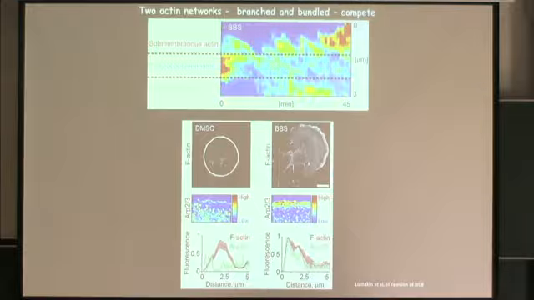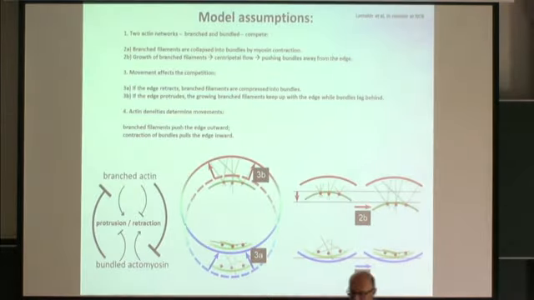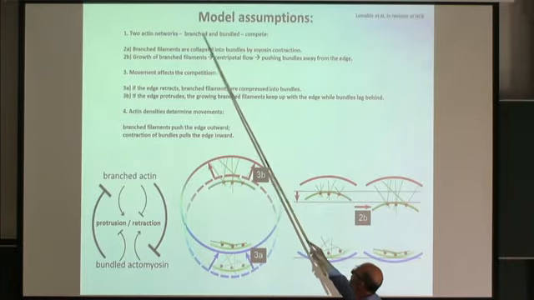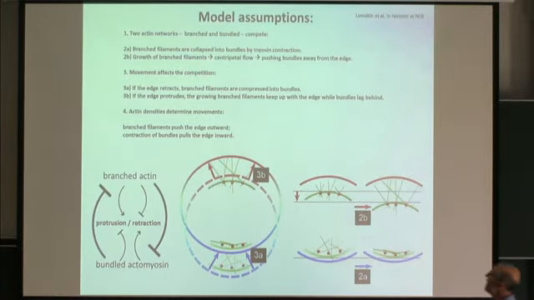What I don't have time to describe is many experiments with perturbation of adhesions, which seem to have no effect whatsoever on this polarization mechanism, unlike in keratocyte. Adhesions here are probably underlying all of this, but they're not the main players. So the model here, conceptually, is very simple. There's a competition between two actin networks, branched actin and bundled actin.